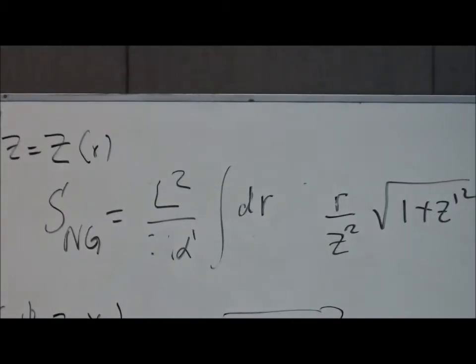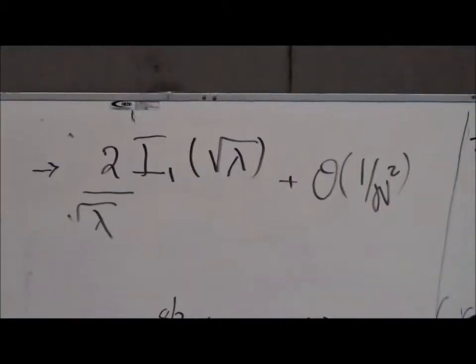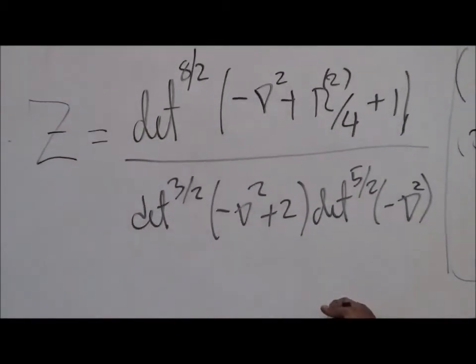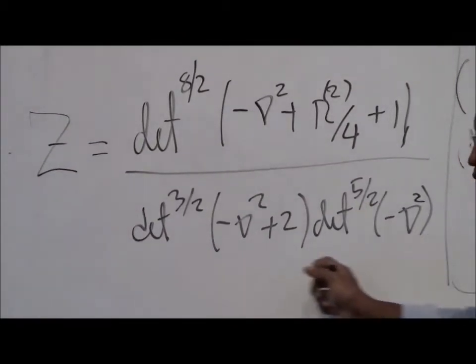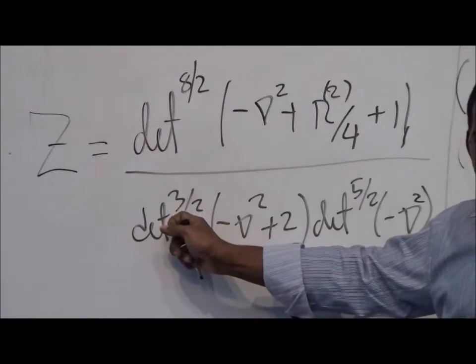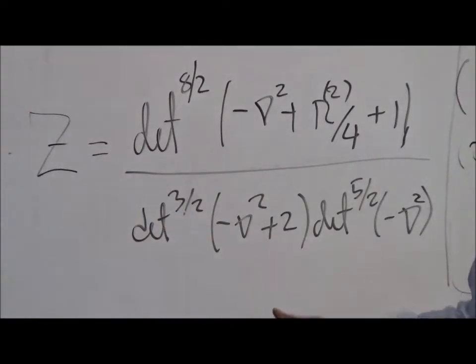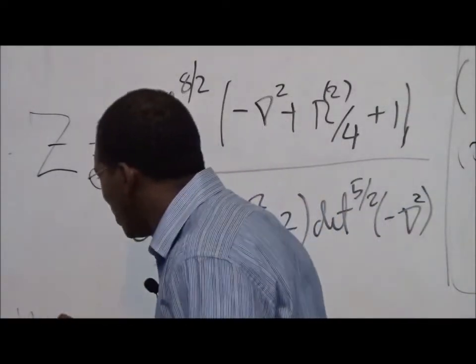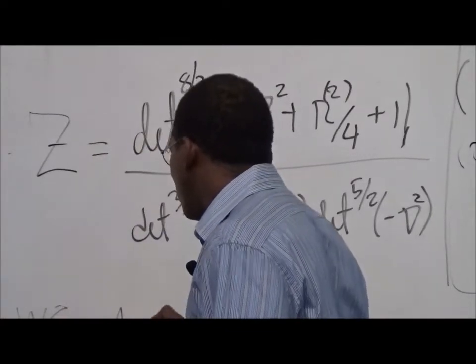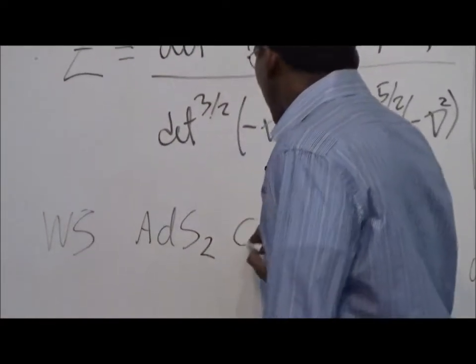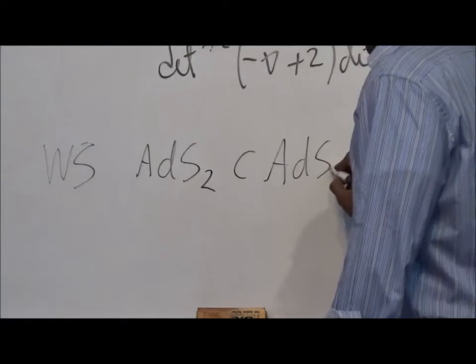So this is some number, but this way you know the answer. Now I have two different bosonic modes. The determinant of a boson goes to the denominator. I had three modes that were massive. The worldsheet is AdS2, and I embedded this into AdS5.